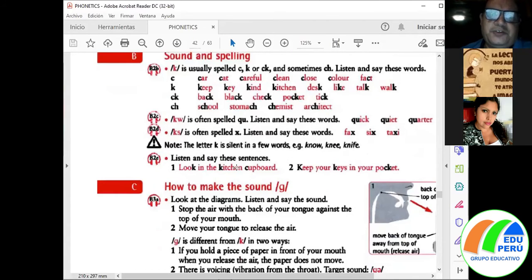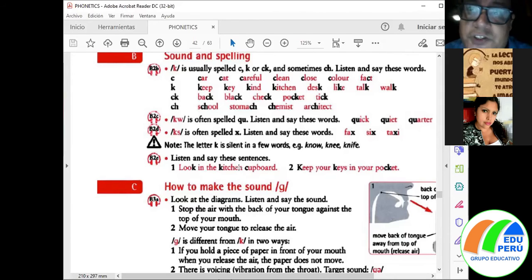Now, let's pass to the other points. Ka, wo, notice here we have two sounds. Ka, wo is often spelled with the letters QU. Quick, quiet, quarter.